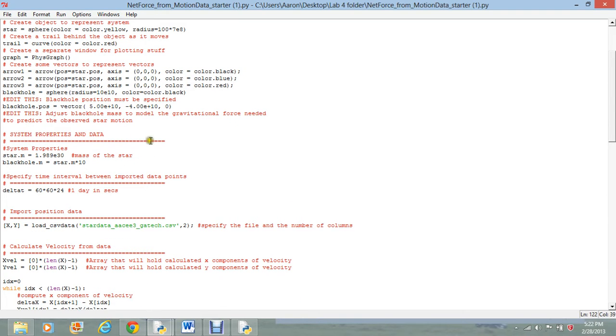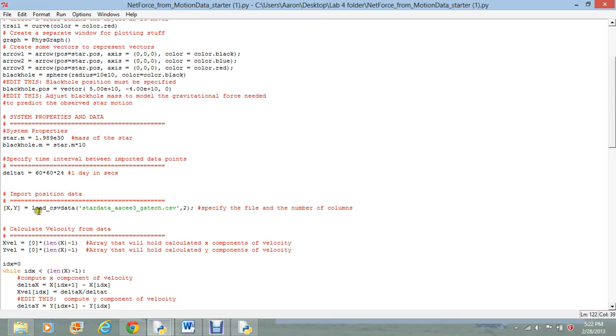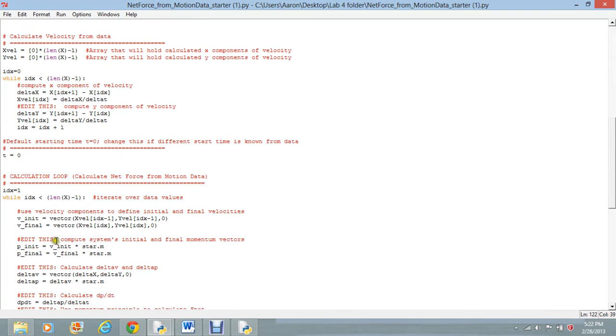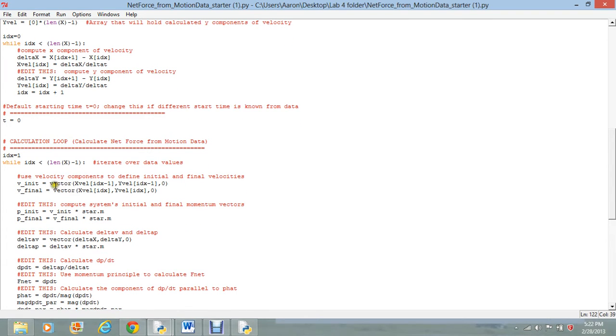So what this code does is it imports the position data of the star first, and then using that it calculates the change in momentum over change in time, which according to the momentum principle is equal to the net force acting on the star.